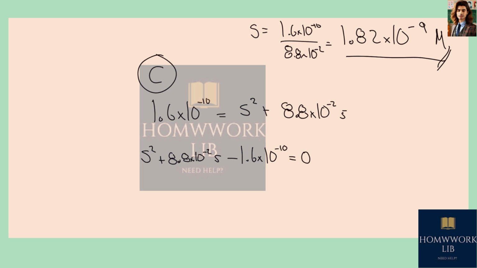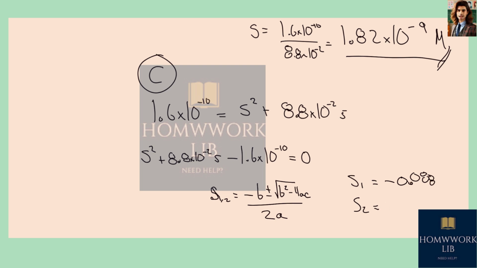This quadratic expression, you can solve it on your scientific calculator or employing the result that the two possible solutions would be equal to minus b plus minus square root of b squared minus 4ac over 2a, which is the general formula for a quadratic expression. And we're going to find that the two solutions are a negative value, which corresponds to minus 0.088, or a positive value, which is 1.82 times 10 to the minus 9.